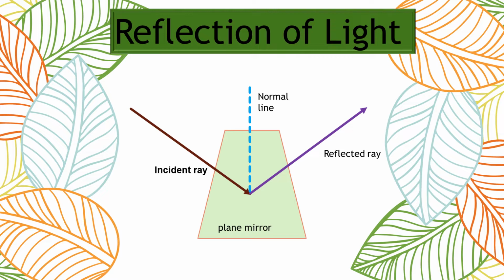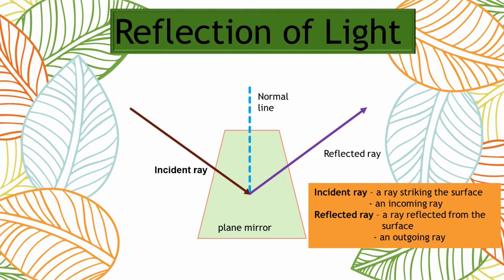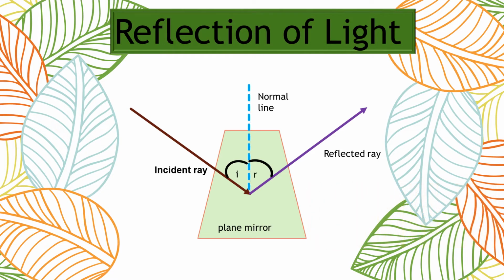Now, let us define the meaning of the incident ray and reflected ray. Incident ray is a ray striking the surface, so it is an incoming ray. While reflected ray, a ray that is reflected from the surface or an outgoing ray. As you can see on the illustration, the normal line and the incident ray produce an angle, right?